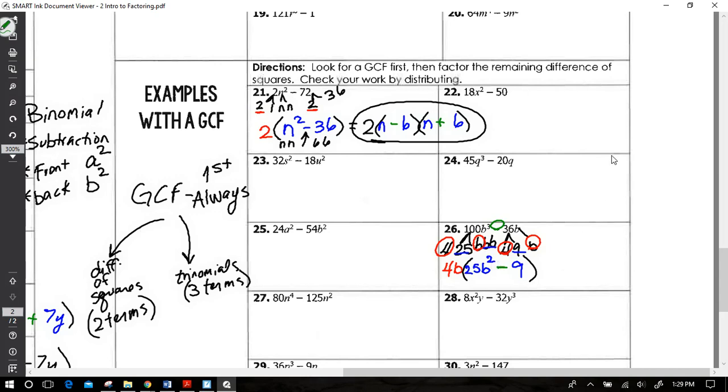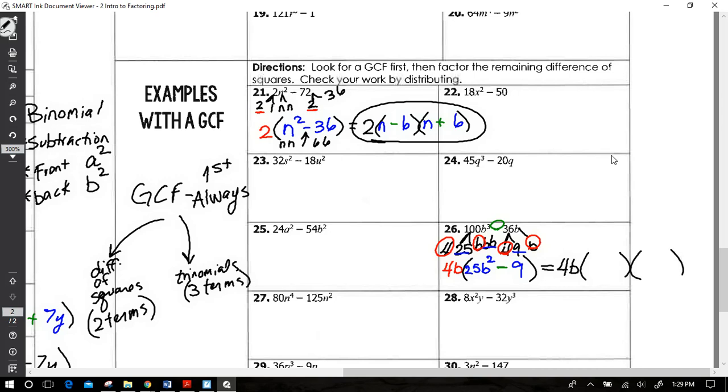Okay, now I have to ask myself, can I continue to factor this? And I can. 25 is a perfect square. B squared is a perfect square. 9 is a perfect square. And there's a minus sign, so it's a difference. So let's bring over the 4B, and I'm going to break these leftovers down into 2 parts.